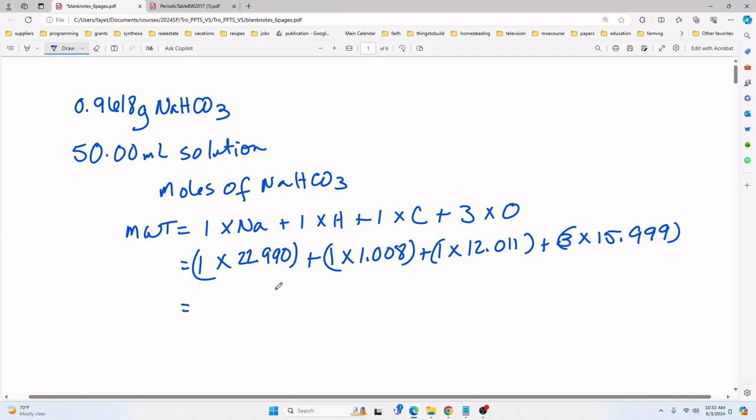All right, so now we just need to calculate that. And I got 84.006. So that is the molecular weight, and our units are grams per mole.